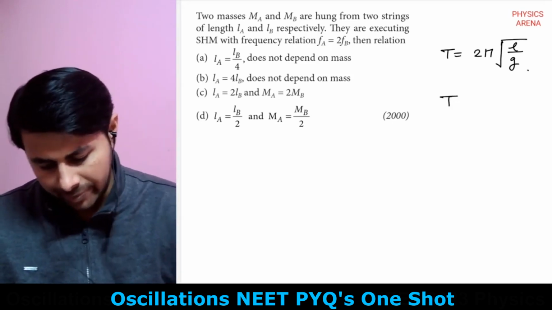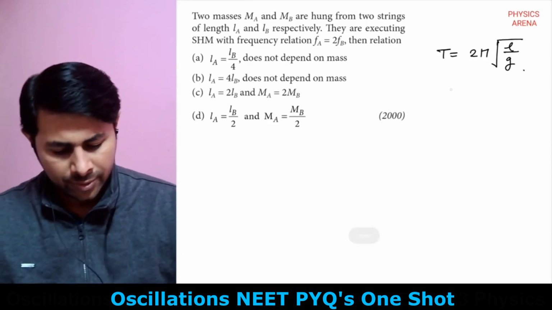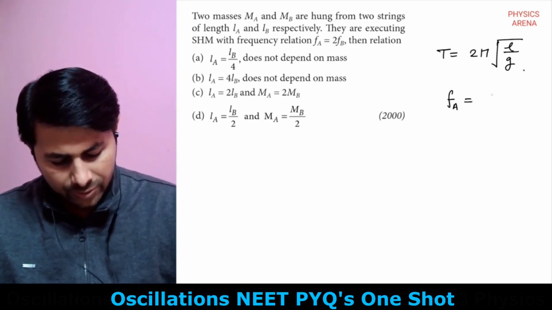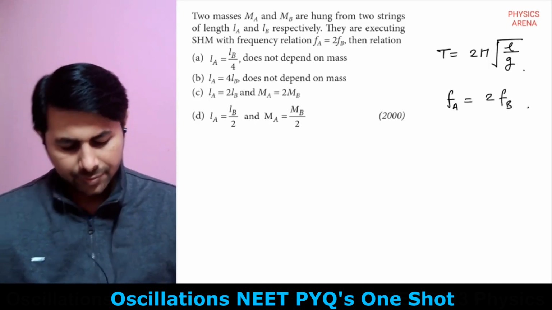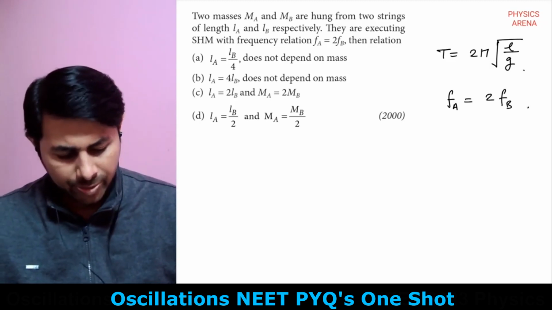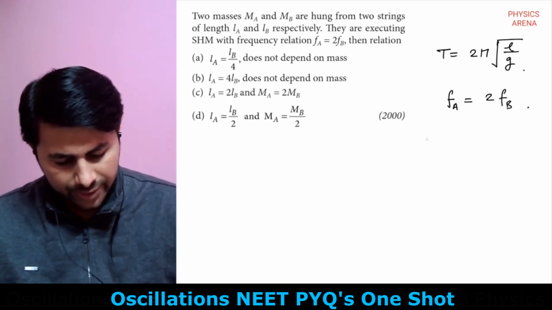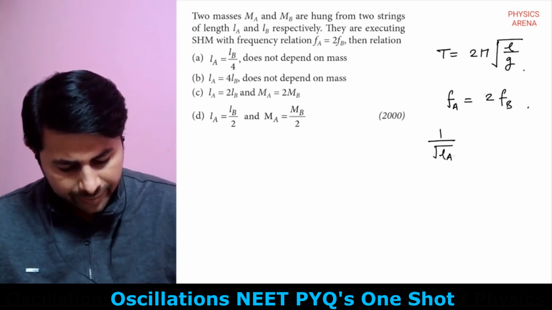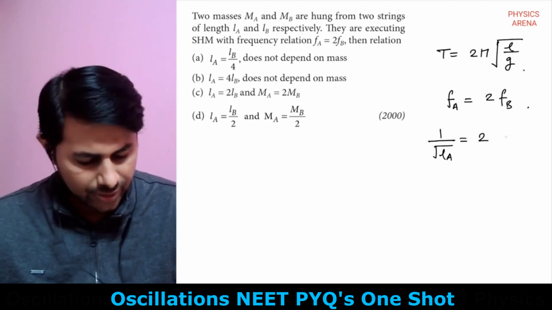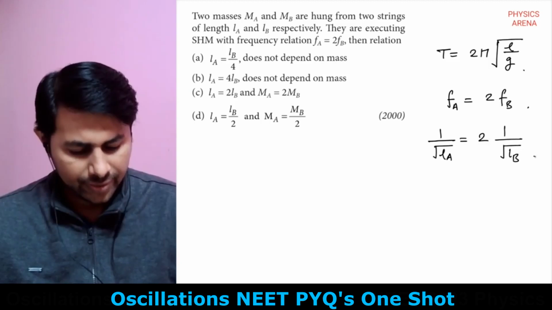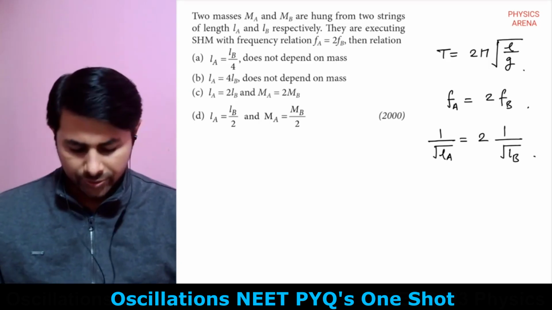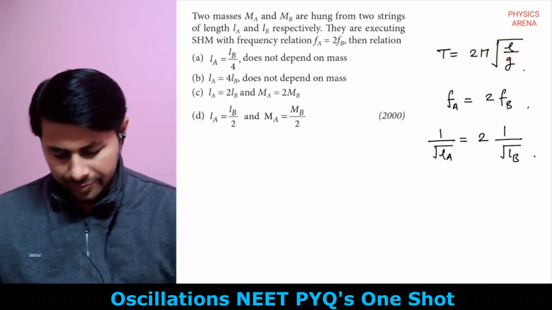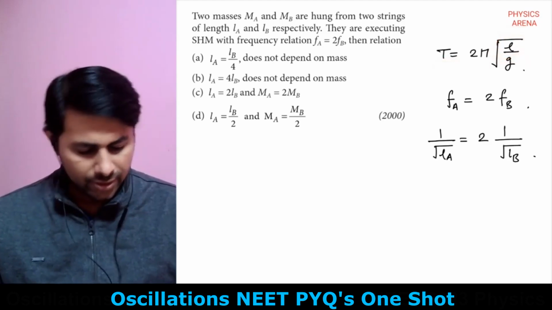FA equals 2 FB. You want frequency, so frequency is inversely proportional to root of L. So you can say FA equals some constant multiplied by 1 upon root LA, and it is equal to 2 times 1 upon root LB, because frequency is inversely proportional to root of L and time period is directly proportional to root of L. So you can square it.